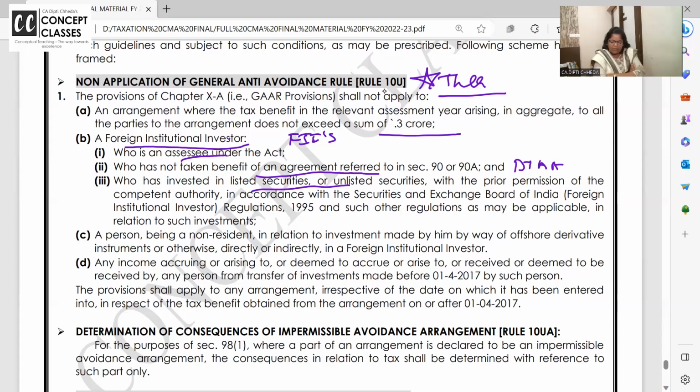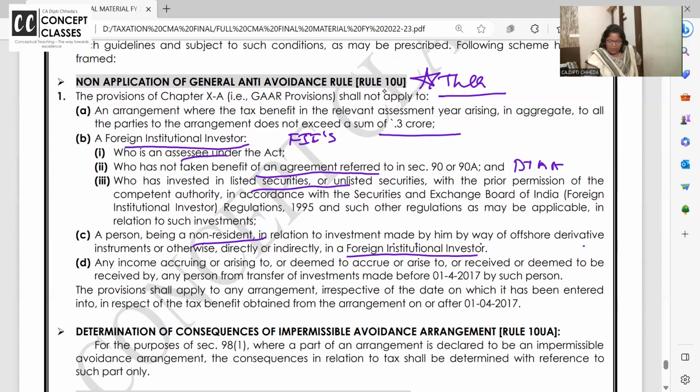The person being a non-resident in relation to investments made by way of offshore derivatives in foreign institutional investors. So GAAR is not applicable to FIIs, but if there is a non-resident, okay, and he has investments made in FIIs and those FIIs are investing in India, then GAAR is not applicable to that non-resident also, because they really want FIIs to invest in India freely, not with any restrictions.